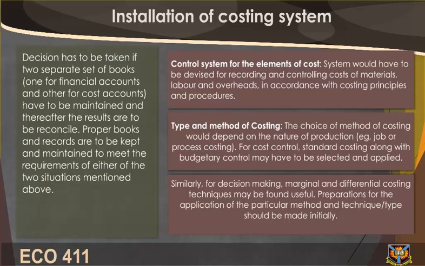The choice of method of costing will depend on the nature of production, for example, job or process costing. For cost control, standard costing along with budgetary control may have to be selected and applied. Similarly, for decision making, marginal and differential costing techniques may be found useful.